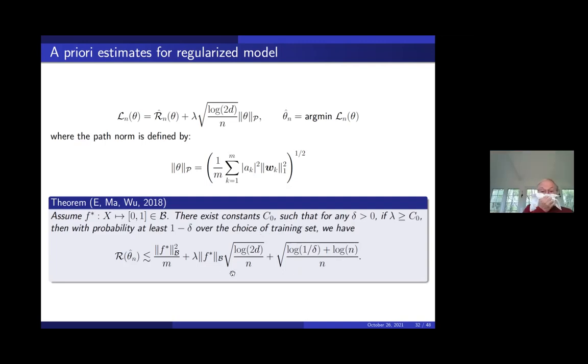The right-hand side, so the testing error, is bounded by 3 terms. The first term is like 1 over m, the second term is like 1 over square root of n, and the third term is a small term coming out of the concentration inequality. So you can see that this is sort of the best we can hope for. And then the coefficient is like the Barron norm.